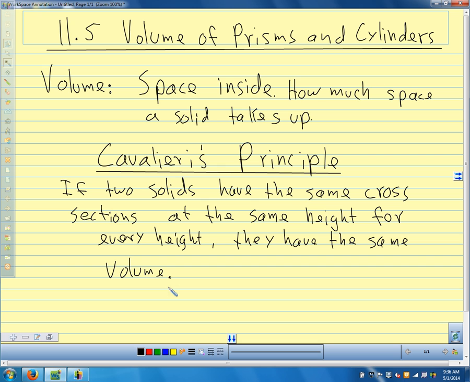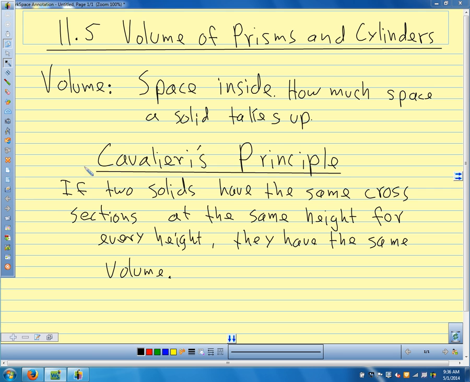So that lets us say for our formulas for volume that they work for any prism or any cylinder. So let's write our formula. Cavalieri came up with this idea, and I'll talk a little bit more about Cavalieri's principle in a little bit because it relates to something that we do a lot in math.